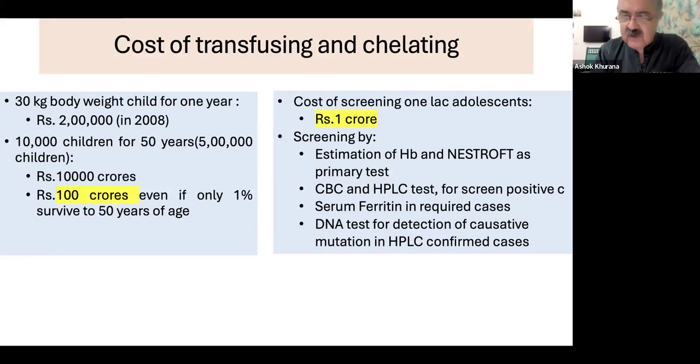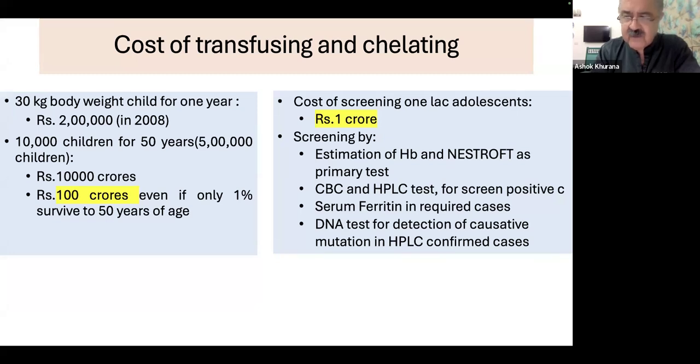Now, I'm not sure how they calculated that, but closer home, if we realize that you take a 30-kilo average baby, 1 year, it's about 2 lakhs for the chelation and the transfusions. That's a huge amount of money for the family or for the state to spend. And if we add that up to our 10,000 kids, we're spending 10,000 crores per year to look after these children in India.